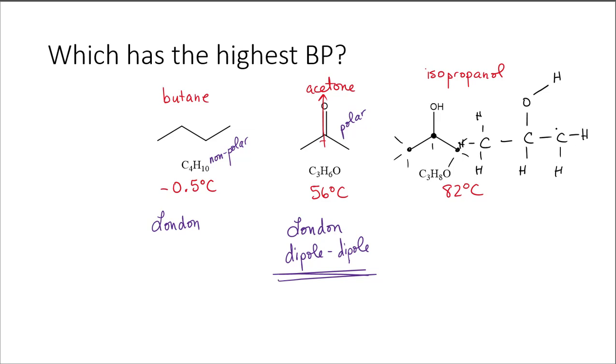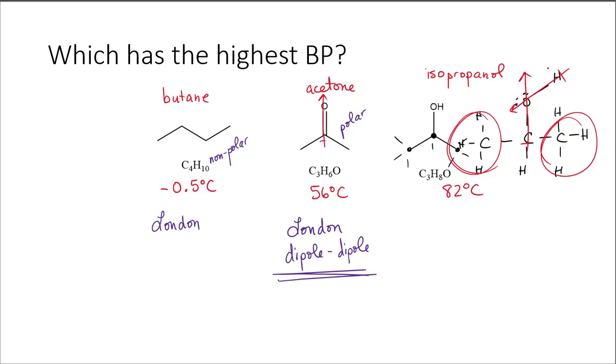There is our full Lewis structure for isopropanol. It's polar. Oxygen is more electronegative. It pulls the electron density towards itself. That leaves carbon partially positive. Oxygen pulls the electron density to itself. That leaves hydrogen partially positive. This is nonpolar here, and this is nonpolar here.